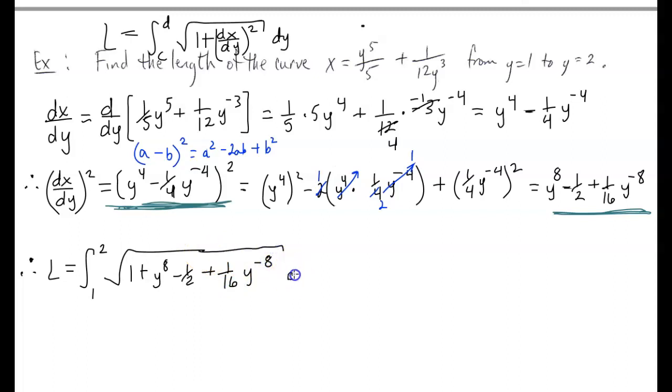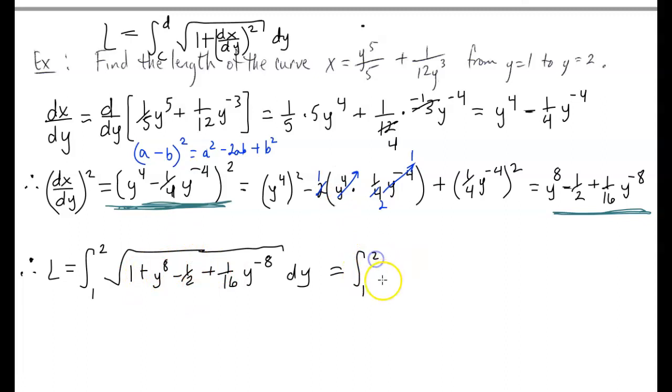So you have all that, and then that's dy. So now that we're here, we just need to simplify the radicand.